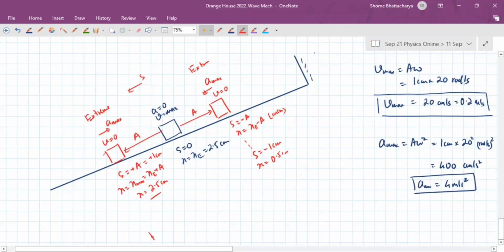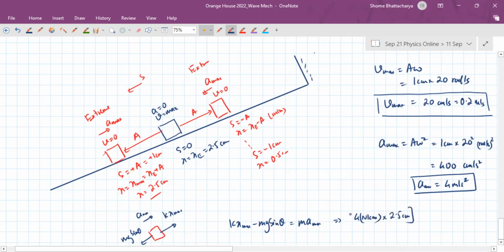If you look at the FBD at this position, you can see that FBD method is giving you the same thing.